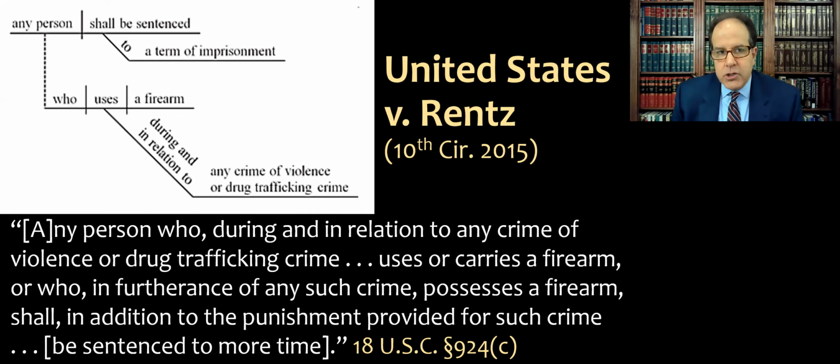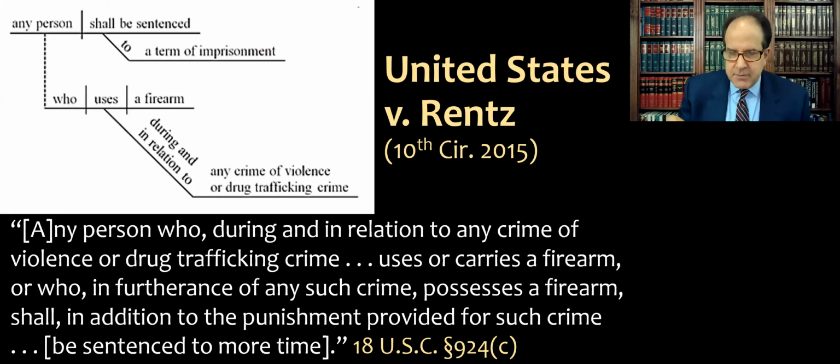And then "to a term of imprisonment," that's our prepositional phrase. If we were going to cut out the dependent clause, which is sandwiched in the middle, the simple subject and verb of this sentence is "any person shall be sentenced to a term of imprisonment." That's what this sentence is about. But what person?